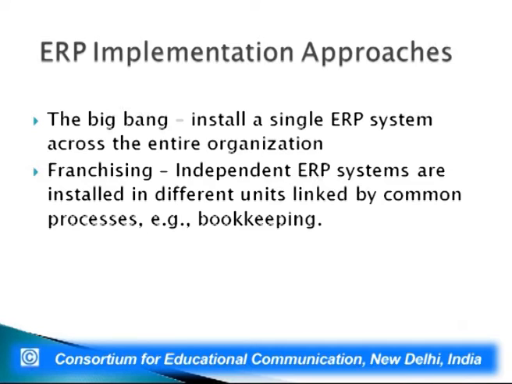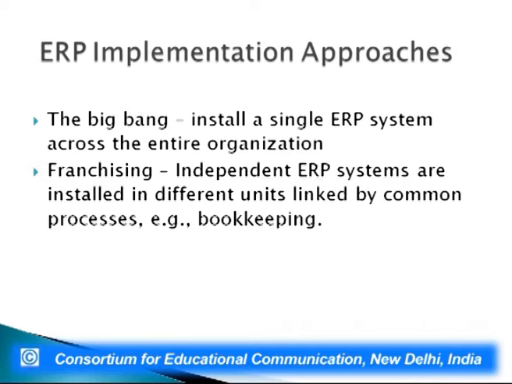We have discussed the internal and external benefits of the system. Now, different kinds of implementation approaches: you can install the entire ERP system which will monitor your entire organization. That can be done easily with the ERP system.